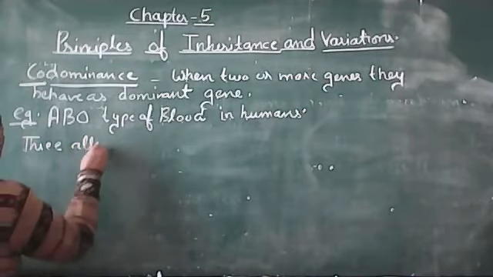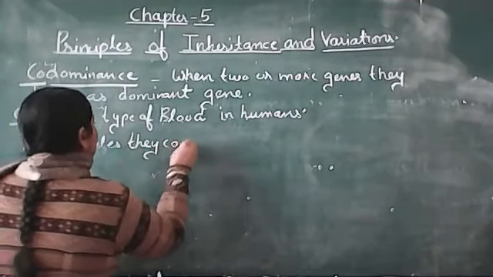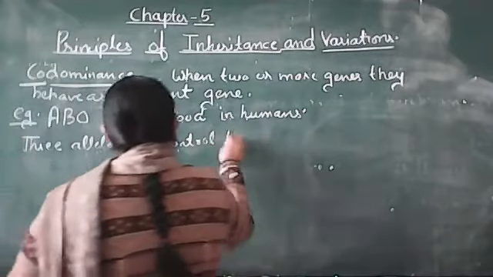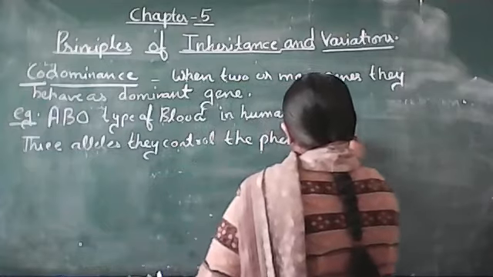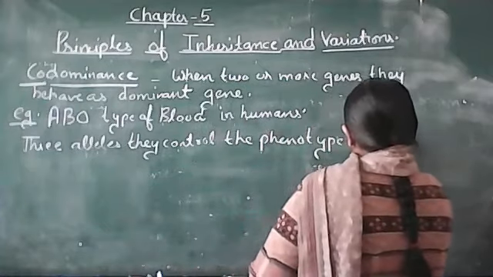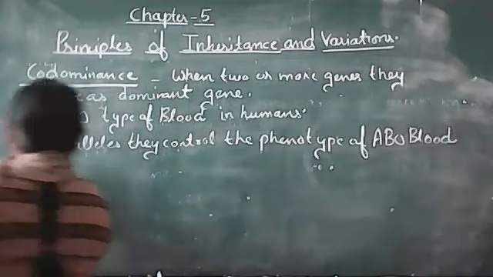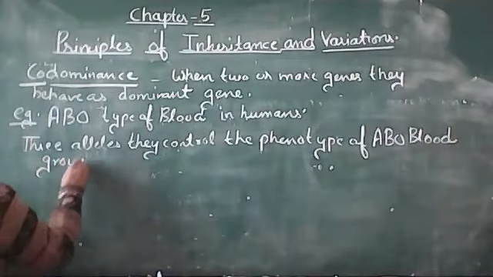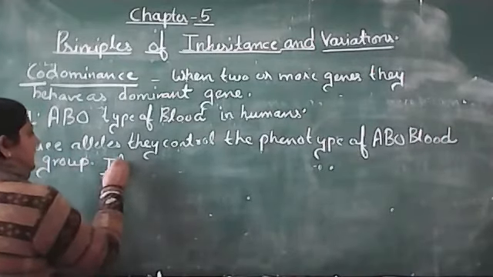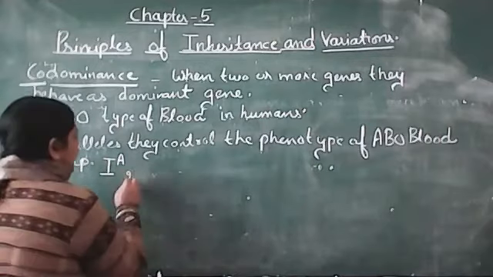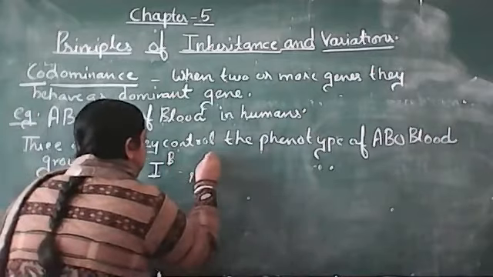So three alleles control the phenotype of the ABO blood group. What are these alleles? Here we have the first allele, that is IA, the second allele is IB, and the third allele is small i.